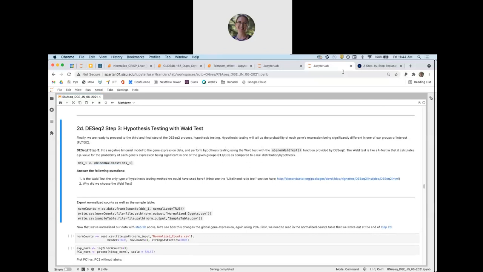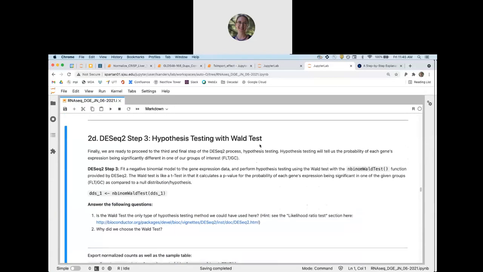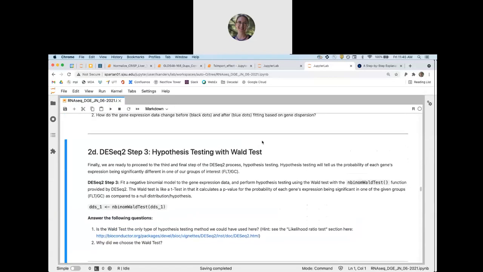Let me make my text bigger here. So we talked in the lecture about the t-test and the Wald test, but is the Wald test the only hypothesis testing method that we could have used here?